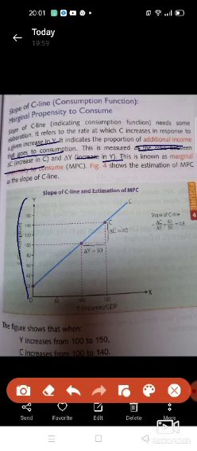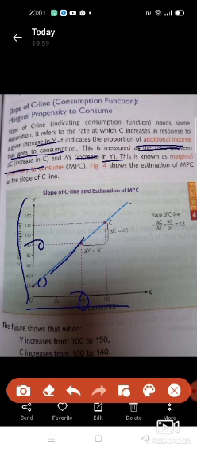See, this is your consumption axis and this is your income axis. At a consumption of 20, the income is 0, and as consumption goes from 20 to 100, your income increases. When your consumption is 100, your income is also 100.